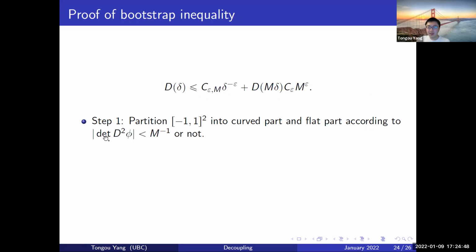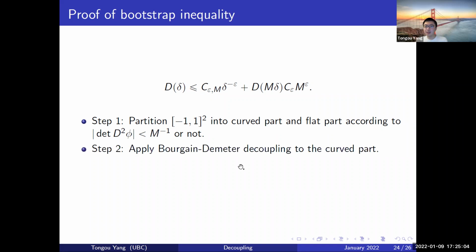So if the determinant is small, which is the case here, then this will be called the flat part. If the determinant is at least this m to the inverse, then we call this a curved part. So for the curved part, we can apply Bourgain-Demeter decoupling, and this will give us the first term.